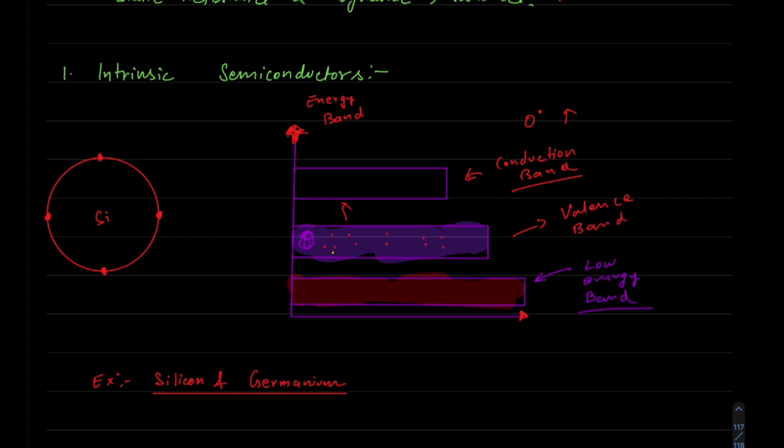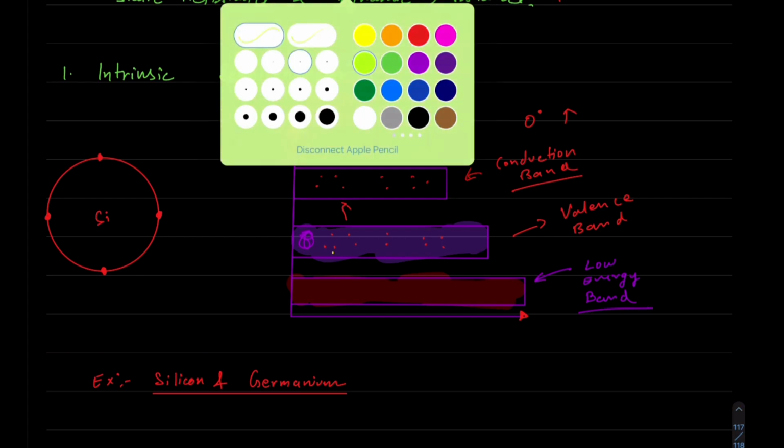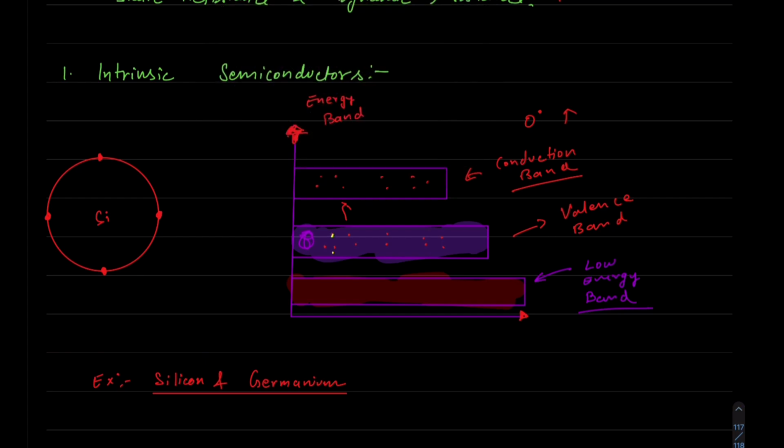So after they've moved to the conduction band, we have some electrons in the conduction band, and by some I mean a lot, because even a little bit of silicon has billions and billions of silicon atoms. And what happens when they leave the valence band? In their place, they leave these little holes, right?